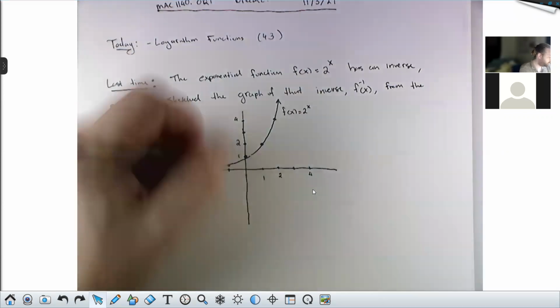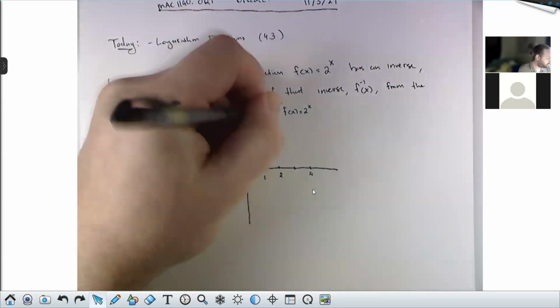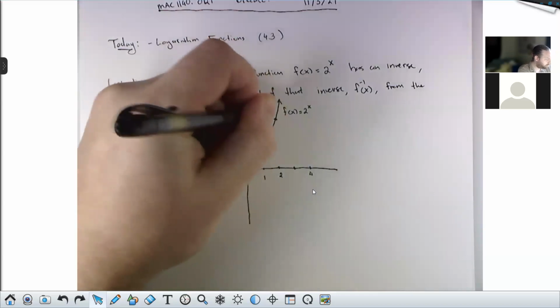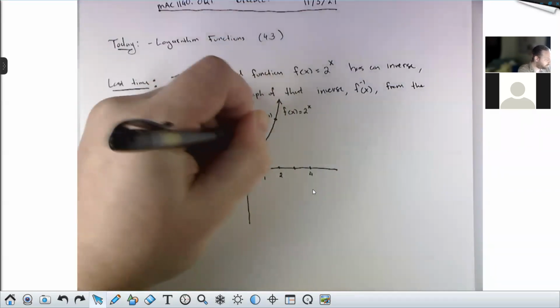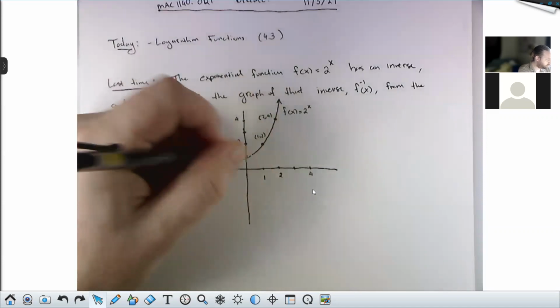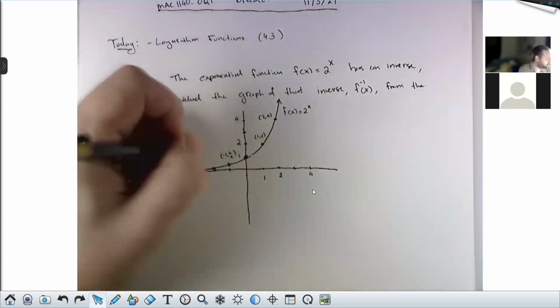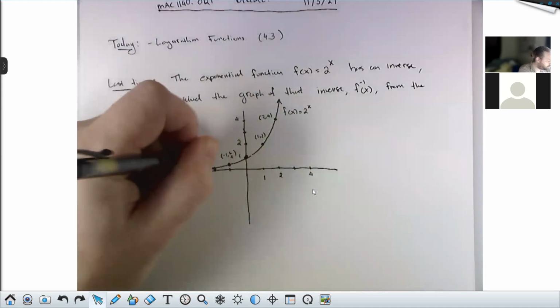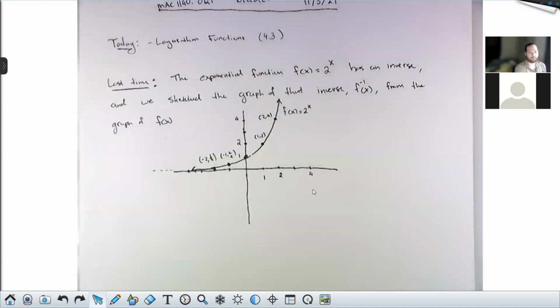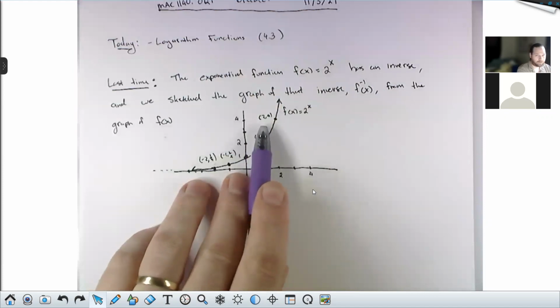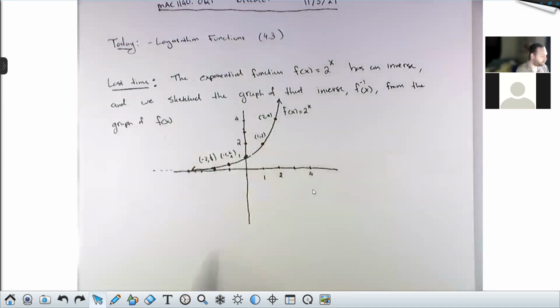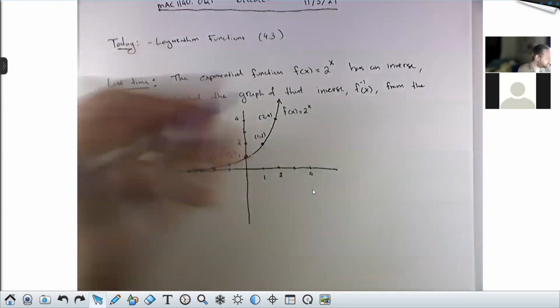And remember, the way you get points on the graph of the inverse from points on the graph of the original is to flip those points over. So this is (2, 4), (1, 2), that's (0, 1), of course, this is (-1, 1/2), and (-2, 1/4). So if I want to graph the inverse to this function, you would have on it the point (4, 2), because I flip this (2, 4) over.